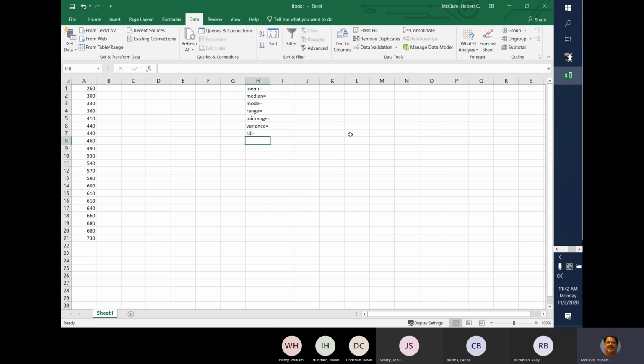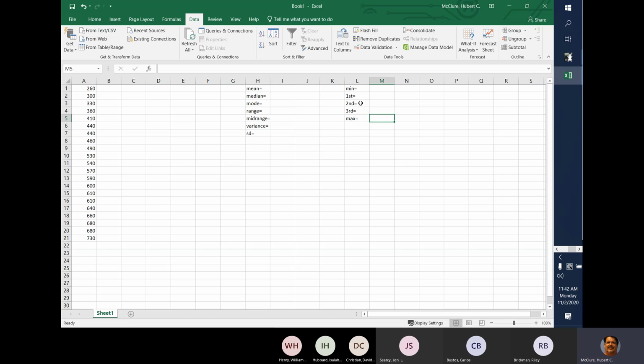We're also going to find those things that they asked you for. The mean, quartile, first quartile, the second quartile, the third quartile, and the max.